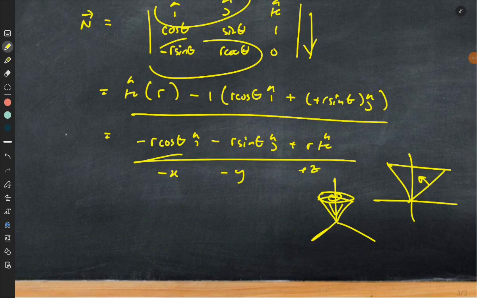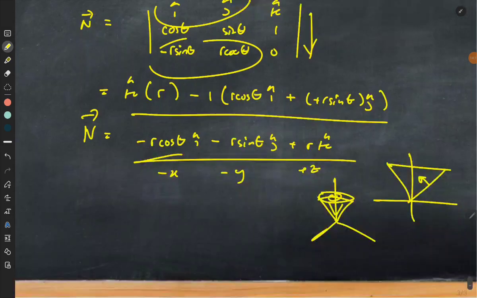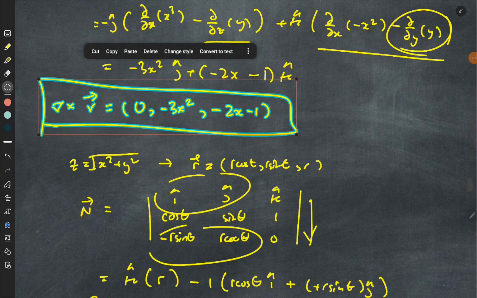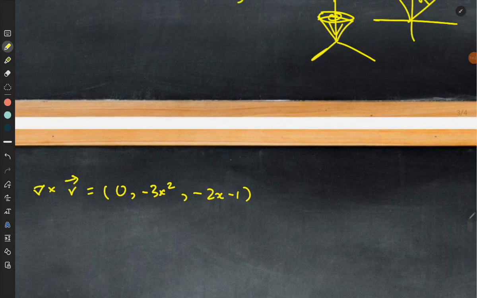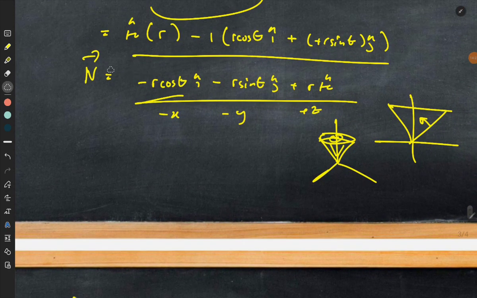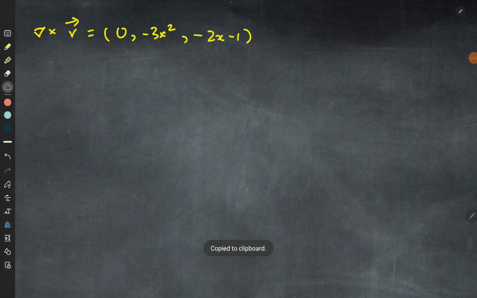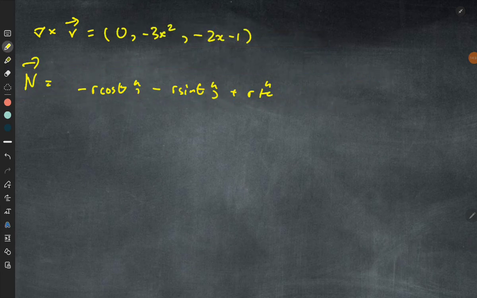So let's move on. This is our curl, and this is our normal vector.